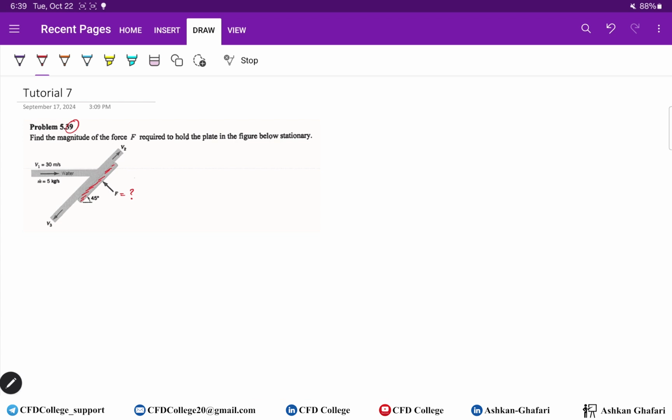So in these kinds of problems, where we have fluid flow and we want to find the magnitude of force, we should use linear momentum conservation. So linear momentum equation or conservation.